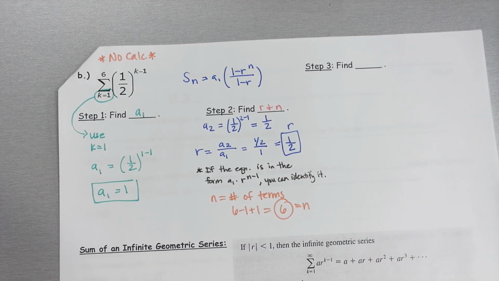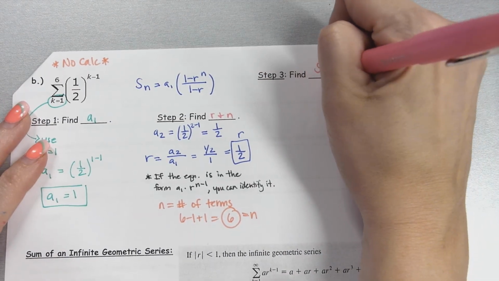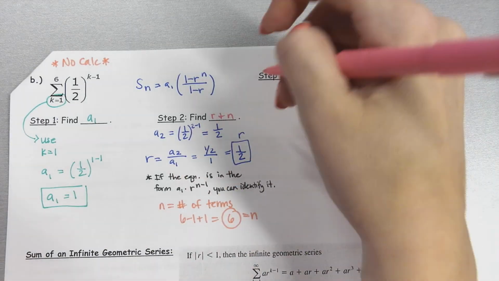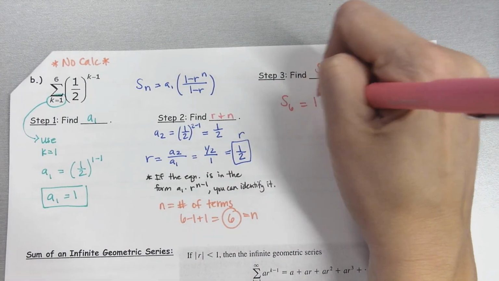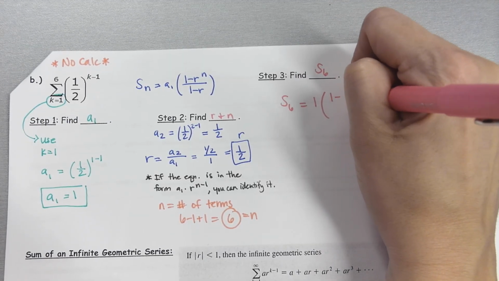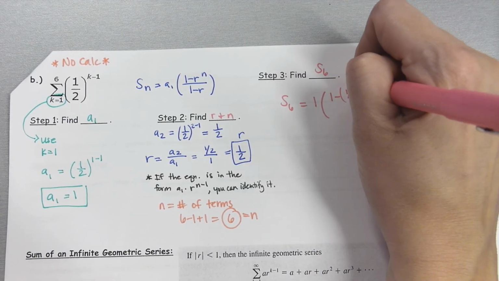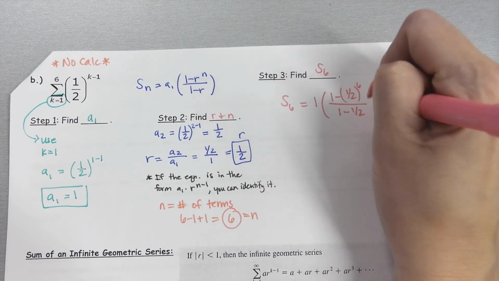And now that we have all of those, you can use them to calculate the sum. So we have S sub 6, our a sub 1 is 1, 1 minus our r value, 1 half, to the power of 6 over 1 minus 1 half.